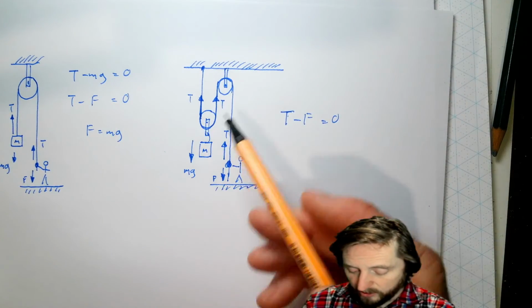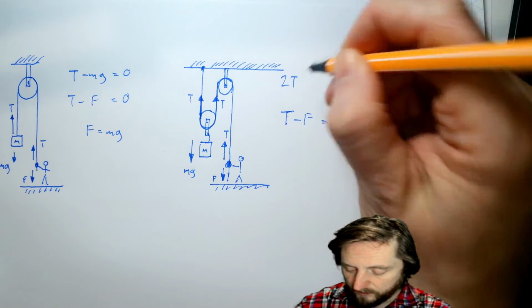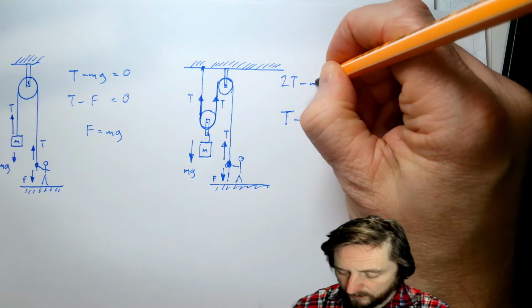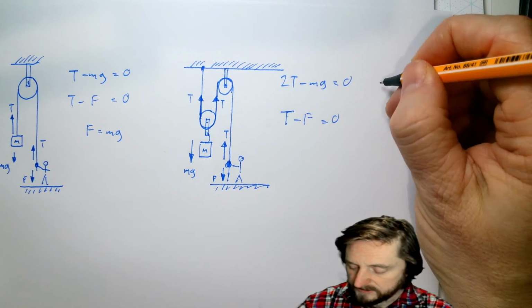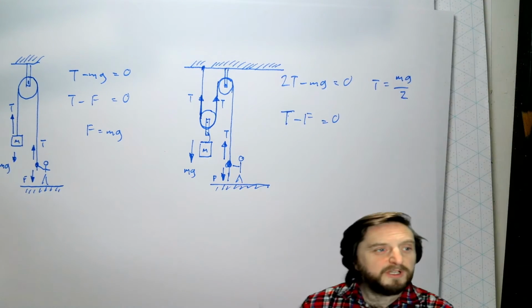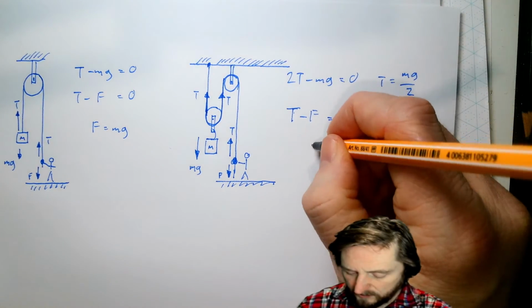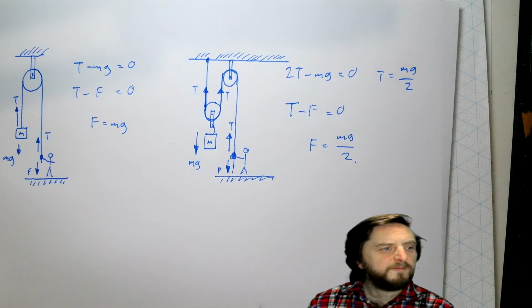For the other body here, we're going to have two tensions in the upward direction, minus mg equals 0. Well, what that means is that T equals mg divided by 2. And so our force equals mg divided by 2.